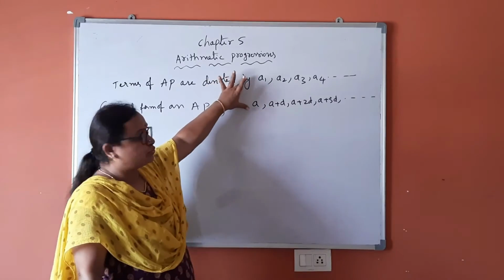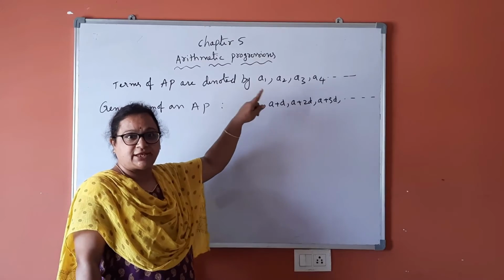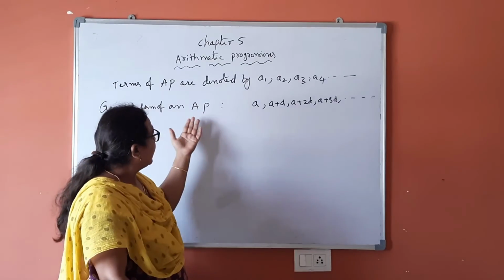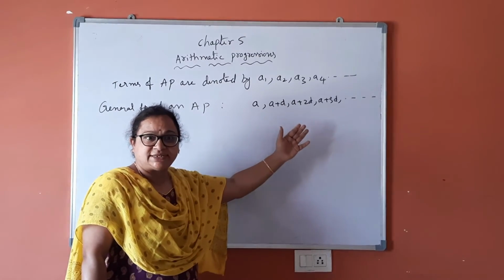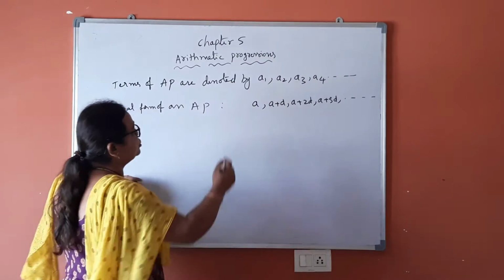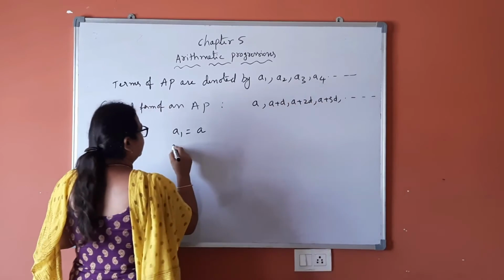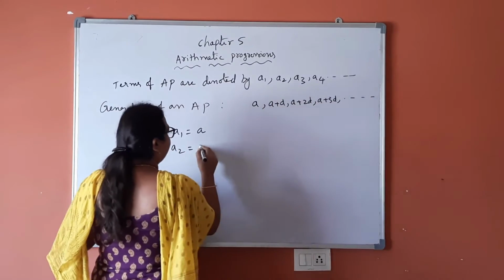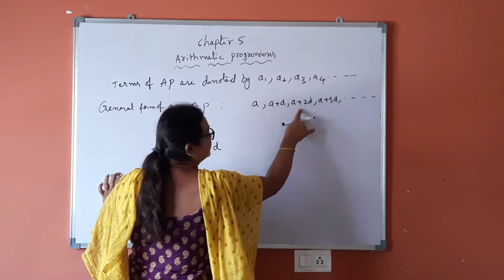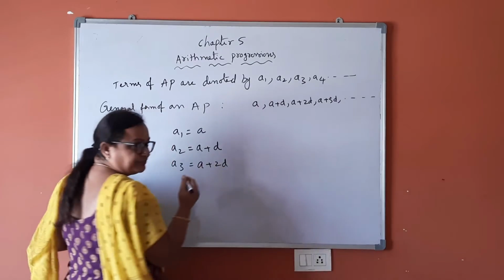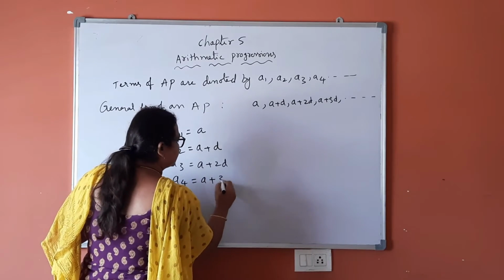By comparing these two, a1 is nothing but a. a2 is nothing but a plus d. a3 is equal to a plus 2d. a4 is equal to a plus 3d.